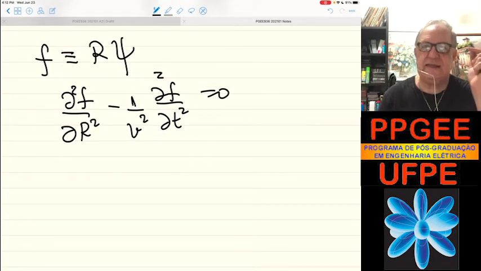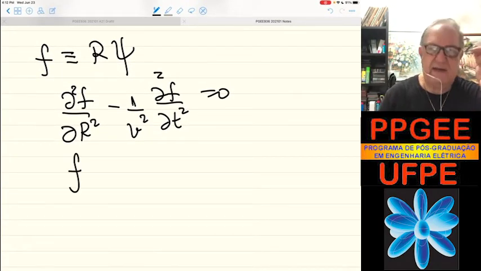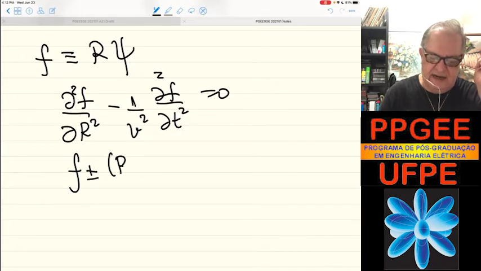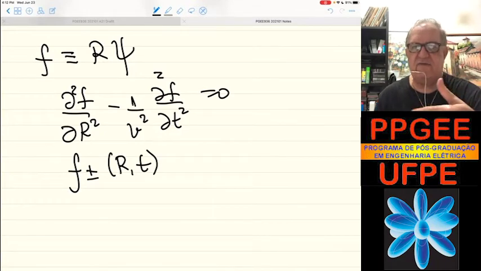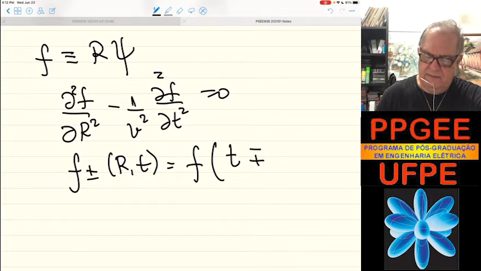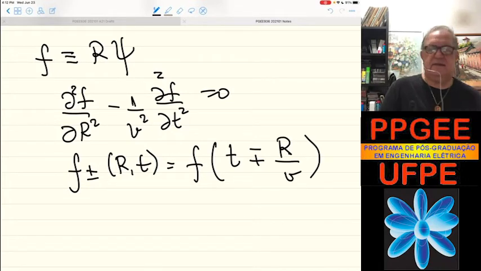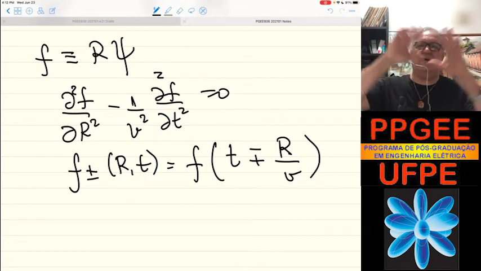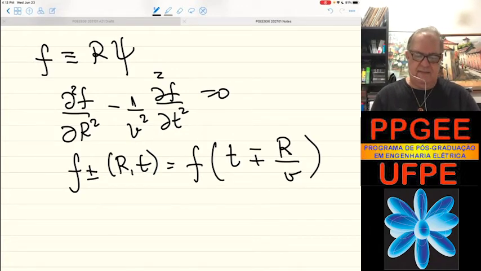The function is a traveling wave. I have two choices, okay? We have the solutions that are in the form of a propagating disturbance, which is something like this: f of t minus or plus r over v. That's how it is. We derived that before in general, in an arbitrary direction. But if the quantities are only r and t, that's what it gets.